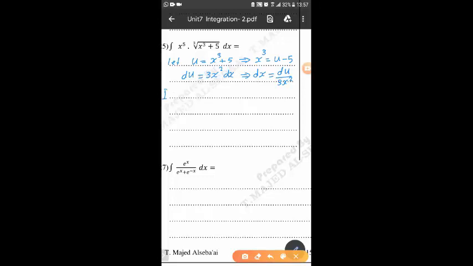Therefore, I equals integration. Write x to the 5, don't touch it. Don't touch it, because I don't have an expression for x to the 5. And even x, I don't have a substitution for it. Okay? Cube root of u, right? du over 3x squared.